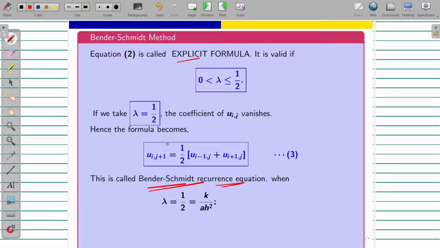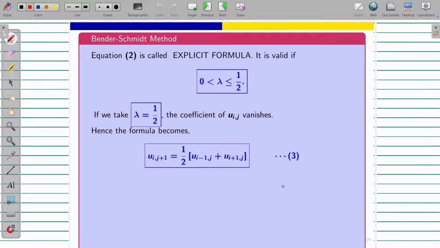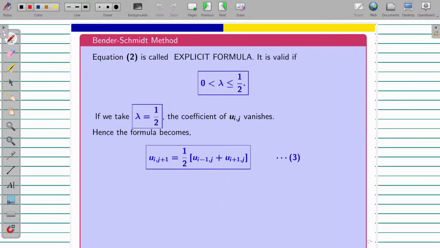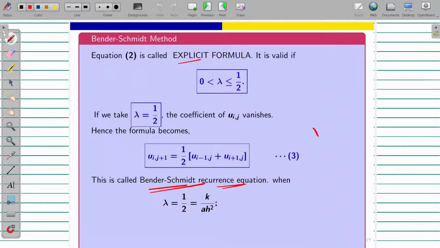Here, if you are giving lambda equal to 1/2, what is the lambda formula? Lambda value is k by a h square. I'll replace lambda by 1/2, so 1/2 is equal to k by a h square.